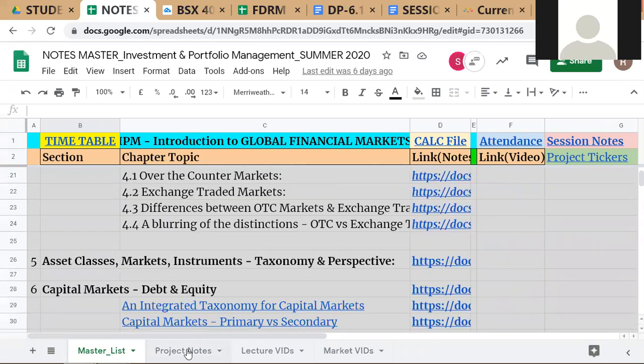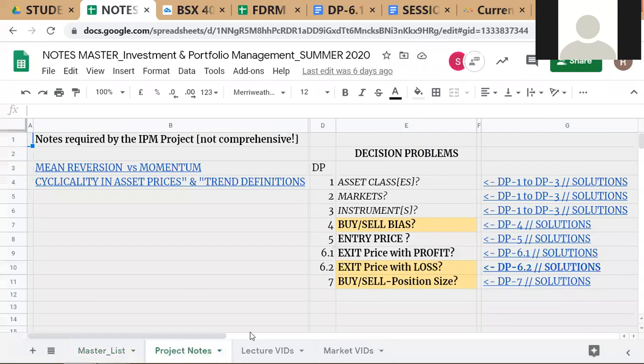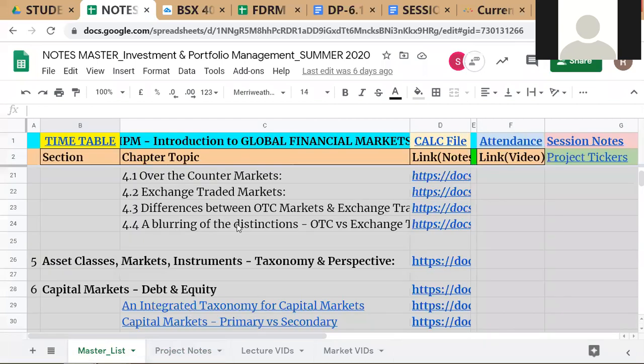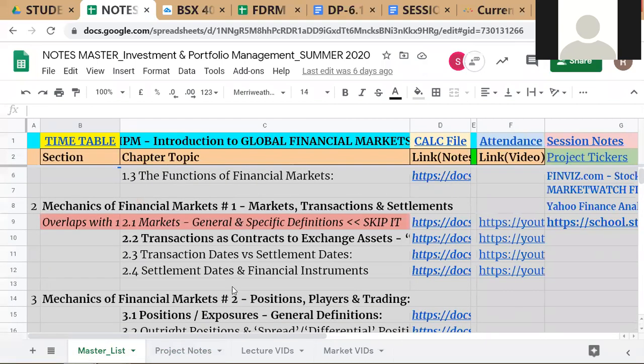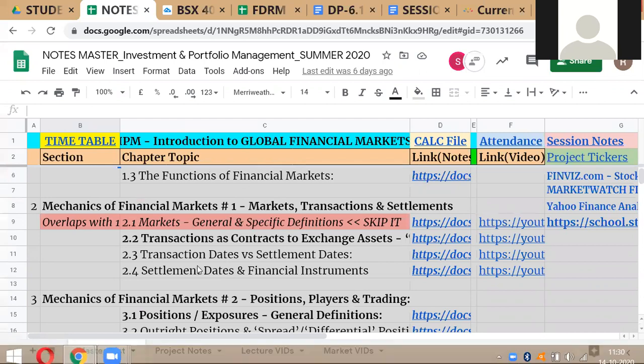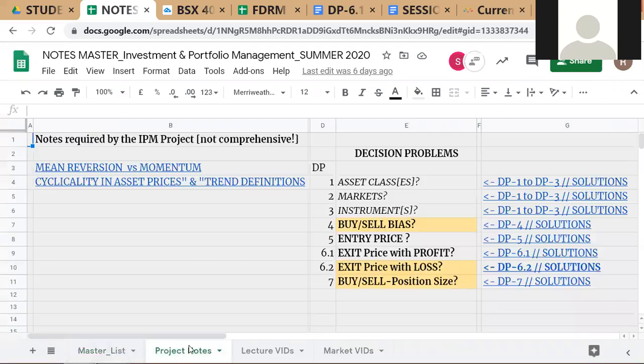And then in particular, because of the three projects that we are doing, what we did was we highlighted certain areas in bold from the larger set of notes for Introduction to Global Financial Markets. And then we also looked at the particular decision problems which you have to deal with.